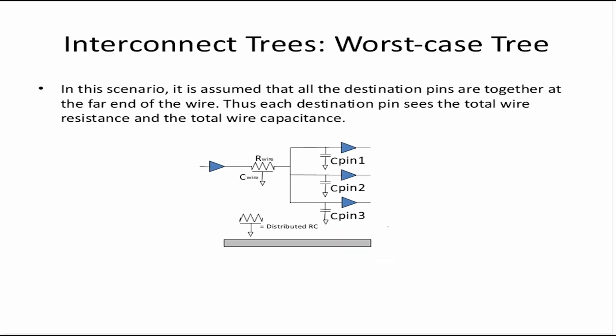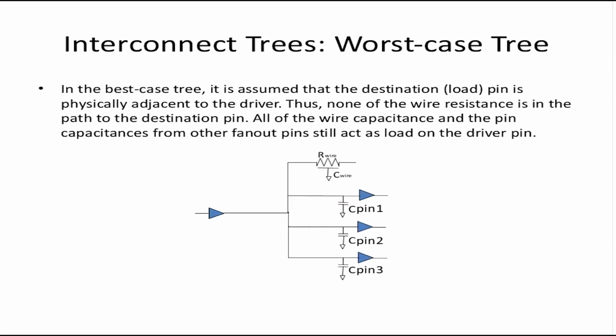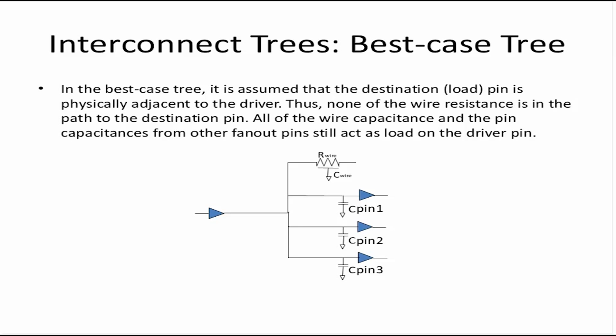Worst case tree assumes that each of the destination pins sees the complete resistance. This will only happen when the fan outs, the receiver cells, are sitting right at the far end of the wire. So the best case assumes that the receiver pin is sitting right next to the driver.